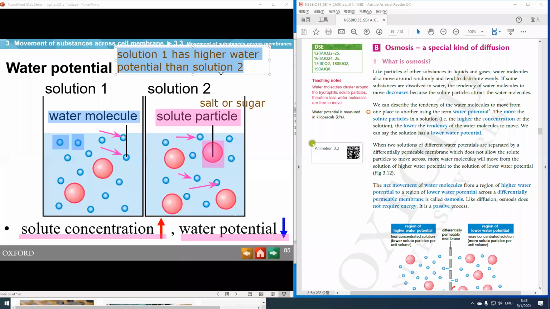You can write down this one. Solution 1 has higher water potential than solution 2.